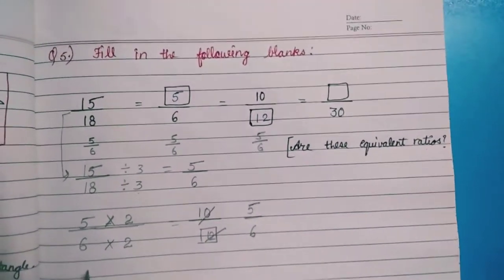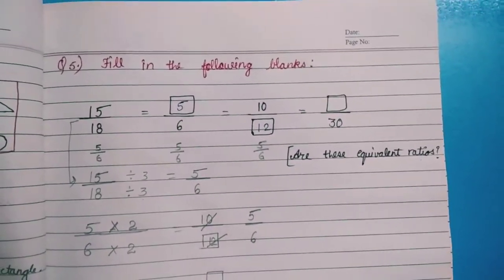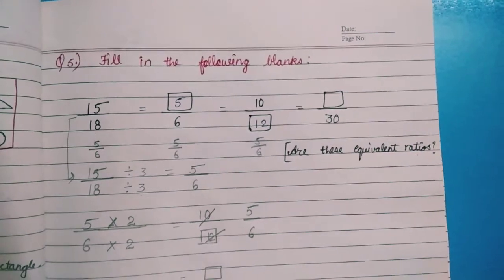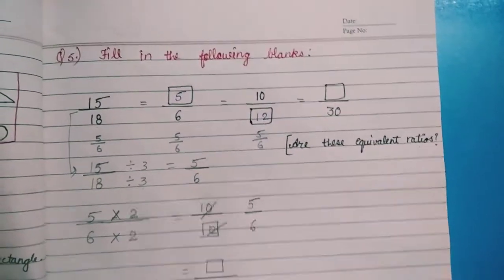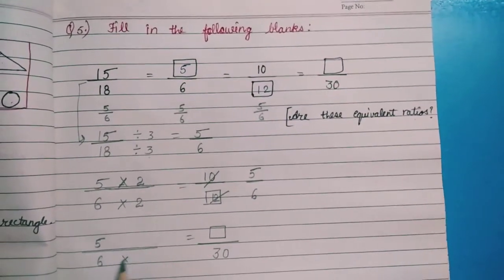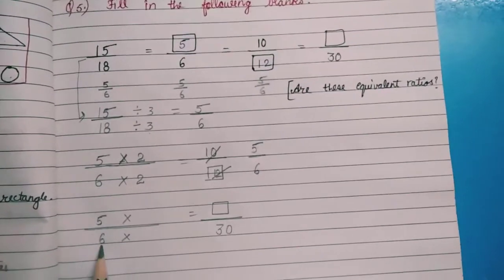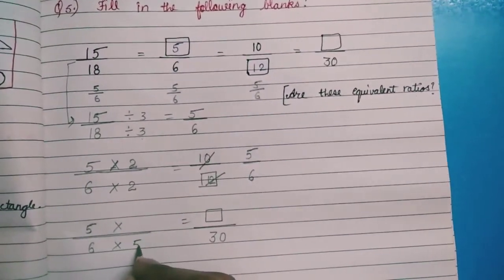Last is dash by 30. We need to find this dash and 30. Okay. So all the starting ones have the simplest form 5 by 6. So in the table of 6, how many times does 30 come? 5 times.